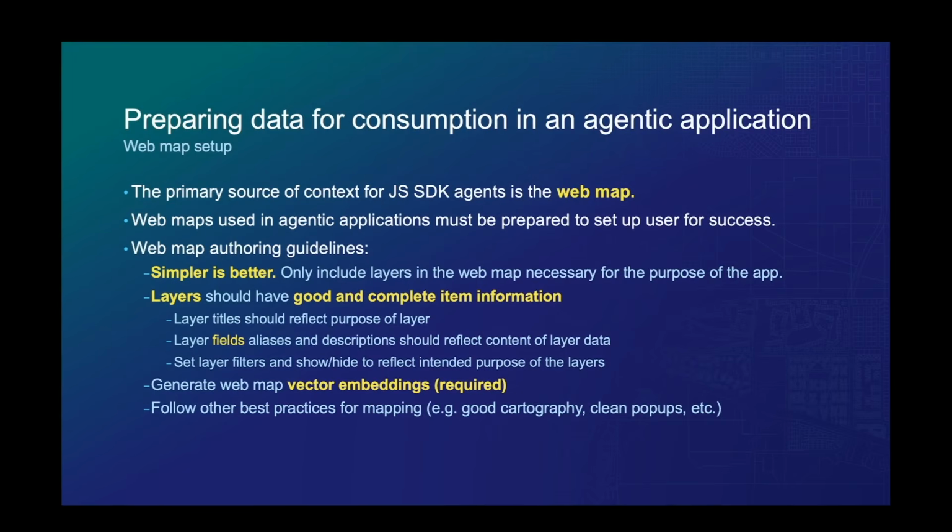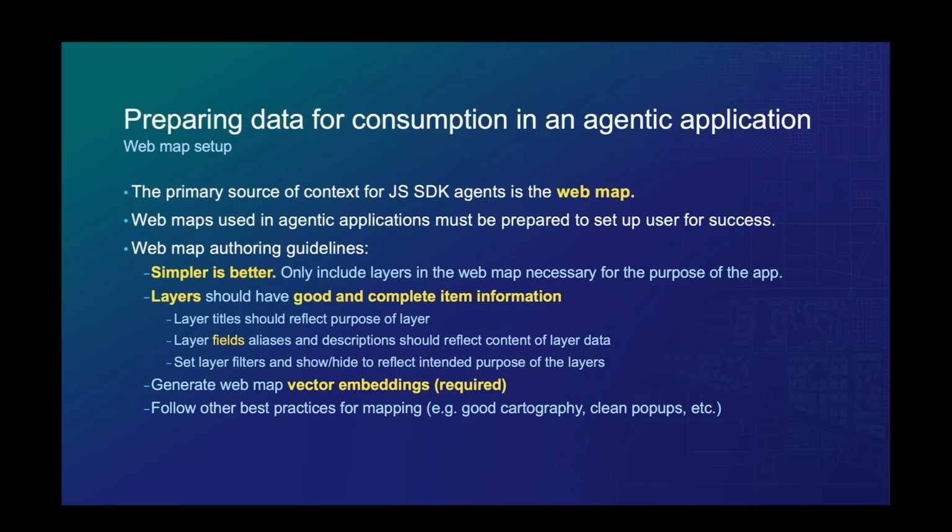So number one, as you saw in Dhrumil's demo, the primary context provided to the components, or rather the agents within this component, is the web map. When you create a custom agent, you don't have to have a web map as part of the context, but you certainly could. You can put whatever context you want there. With our out-of-the-box agents, it's the web map. So as I stated, they must be prepared for success.